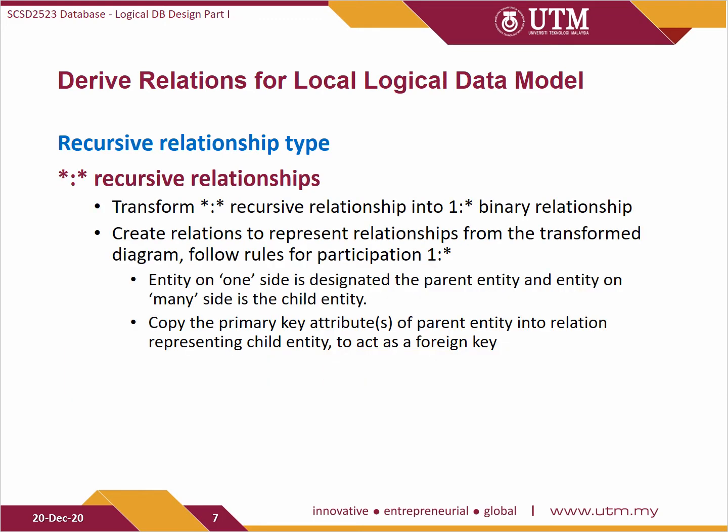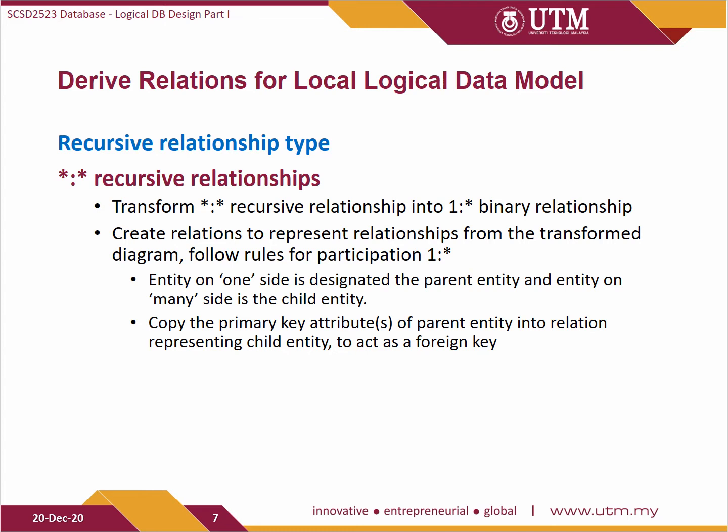Many-to-many recursive relationship. For this type of relationship, you need to convert the many-to-many recursive relationship into a one-to-many binary relationship. Follow the rules for participation for one-to-many. First, the entity on the one side is designated or chosen to be the parent entity, and the entity on the many side will be the child entity.